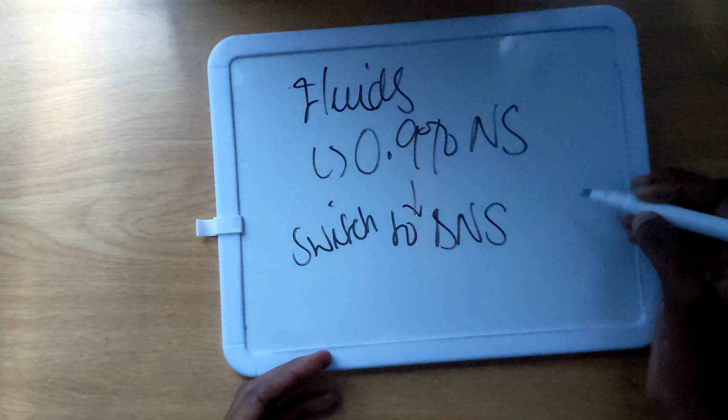Contraindications, meaning times when you shouldn't give this. So the contraindications of potassium chloride: number one, if your patient has anuria, meaning absence of urine.